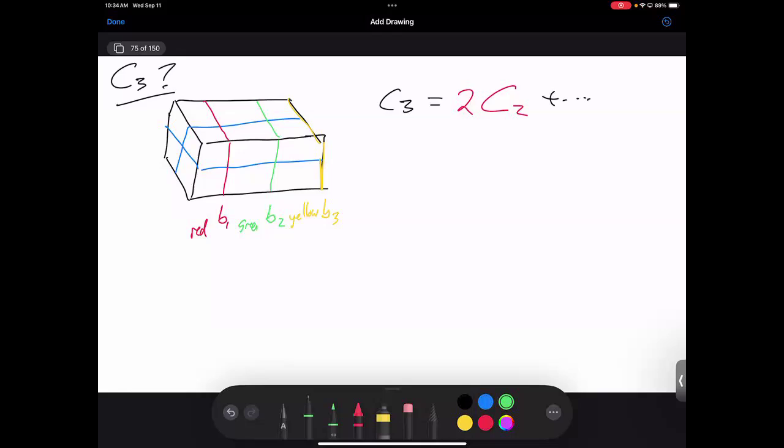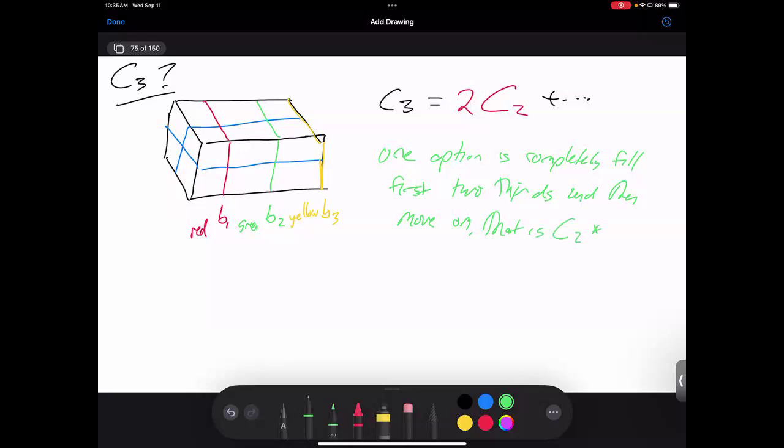So one option is completely fill the first 2/3 and then move on. So how many ways can we fill the first 2/3? So that is C2, and then what do we multiply by for the last one? C1.